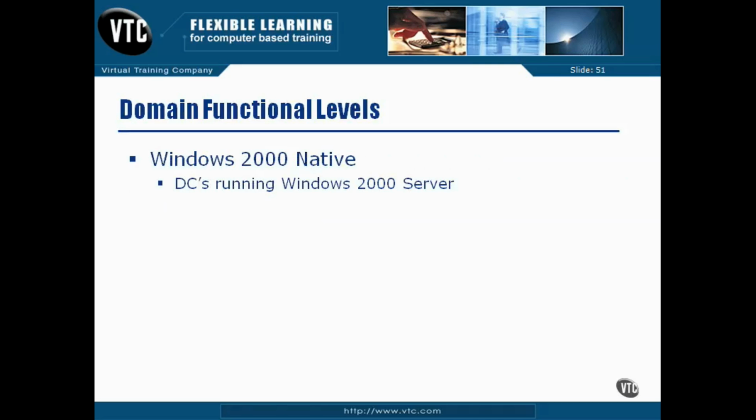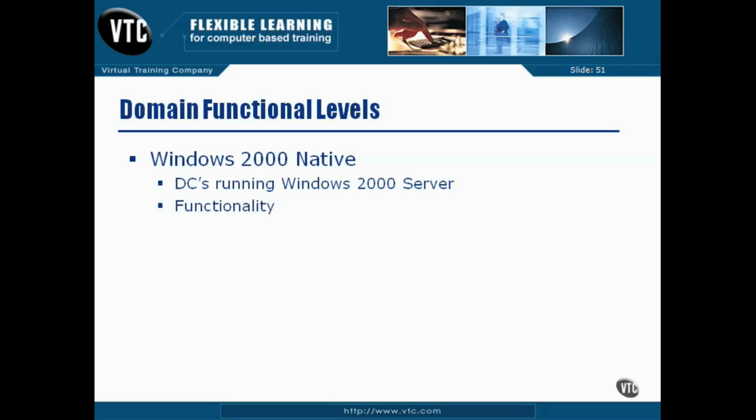First of all, when I set the domain functional level, let's say that I install Windows Server 2008. I promote it to a domain controller by adding the domain services role and then running the installation wizard, which is DC Promo. It's going to ask me in there, what domain functionality level do you want to be running at? Now, if I have a domain controller in my domain that's running Windows 2000 server, then I'm going to have to set my domain functional level to Windows 2000.